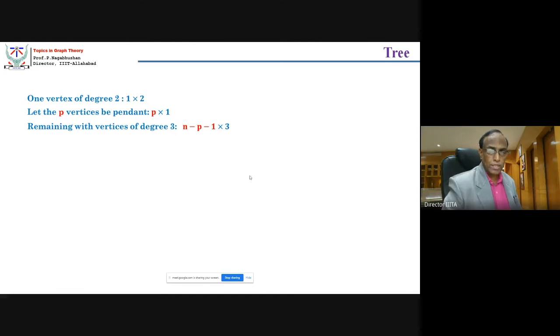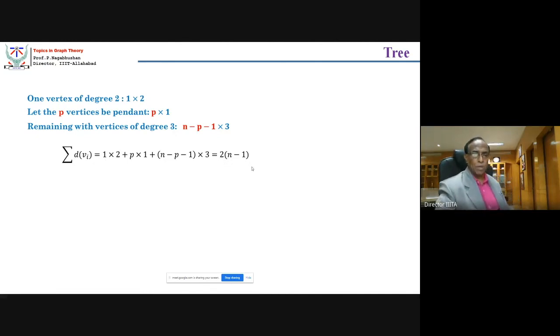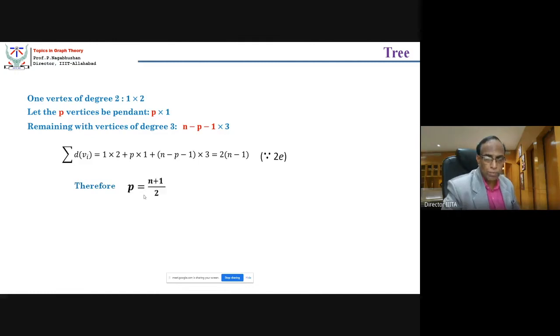Sum of all the degrees is equal to twice the number of edges, 2 into (n minus 1), because the number of edges in a tree is n minus 1. So the only unknown in this equation is p. Solve for p, you will get p equal to (n+1)/2.